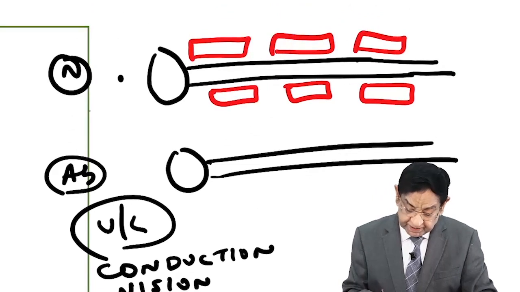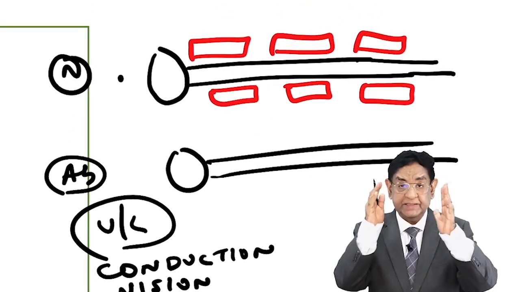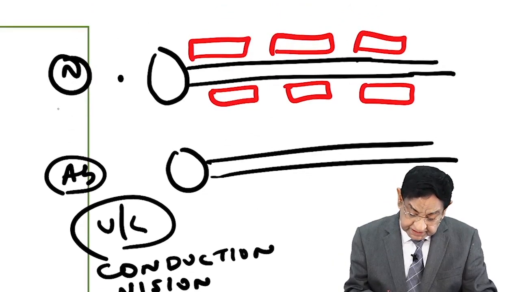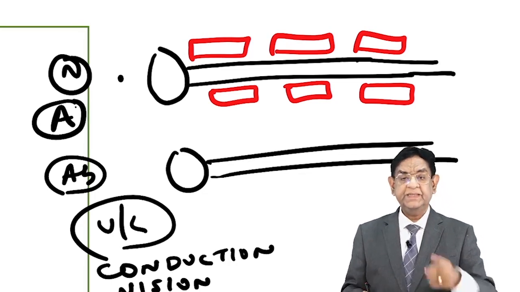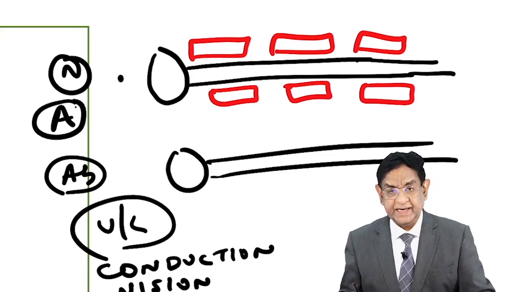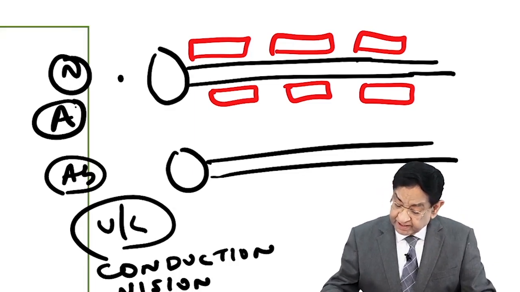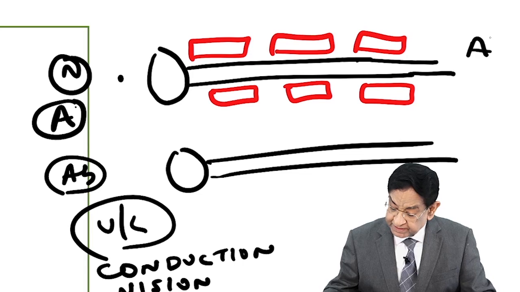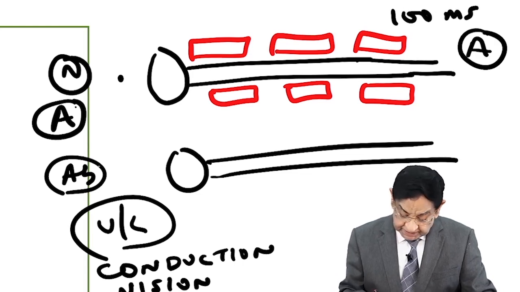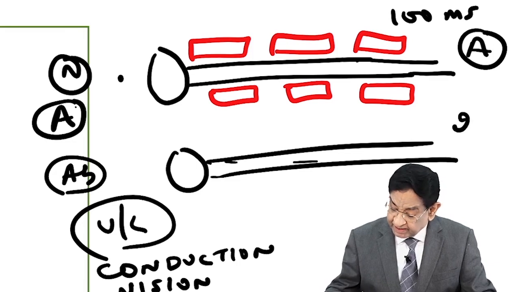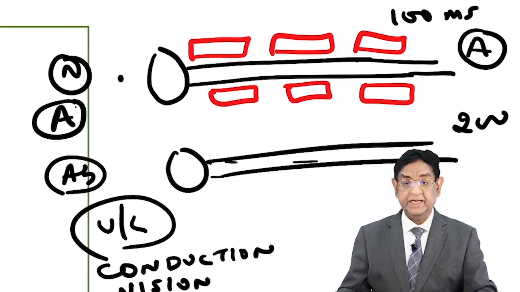Suppose the patient's eyes are reading this. A is written. They are watching the board and they are reading A. This A will come to the brain very fast, maybe in 100 milliseconds. But this A, from this eye, will come after 200 milliseconds. It will come late.